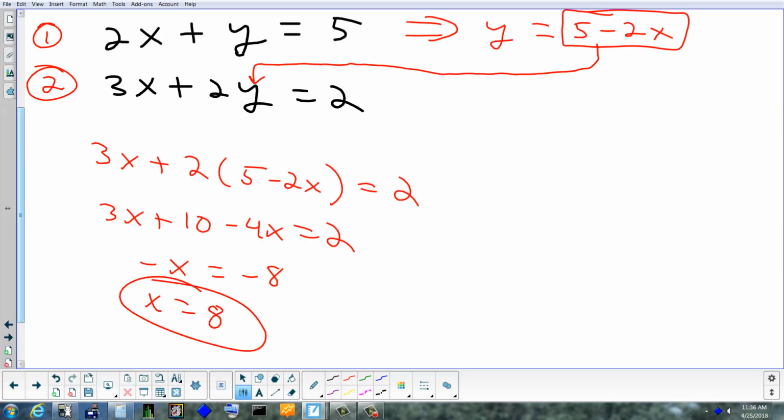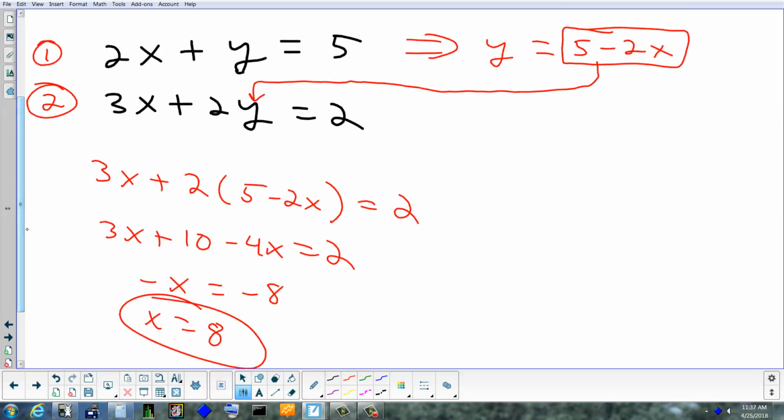So Colleen, how would I get y? Substitute in for the x. Yeah. And which equation would you use? Equation 1, 2, or the one that I wrote in red? Could use any of them. 1 because it looks easier. Okay, so you could use equation 1, the one that's in black.